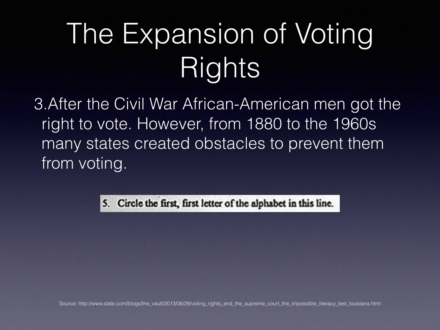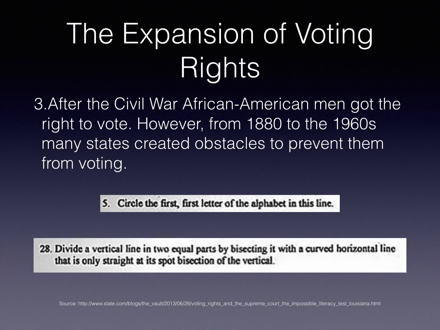It's very confusing, and it's intentionally confusing so that people would get it wrong and states could keep them from voting. Here's another example. Divide a vertical line in two equal parts by bisecting it with a curved horizontal line that is only straight at its spot bisection of the vertical. Yeah. Don't know how to do that.